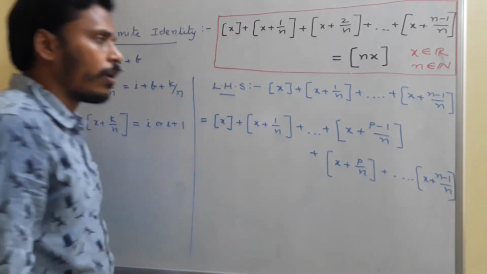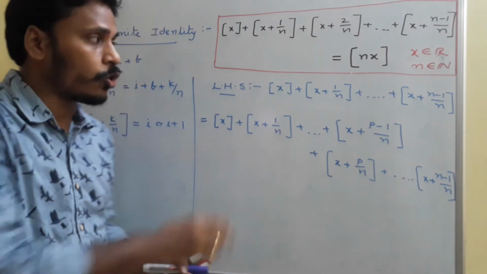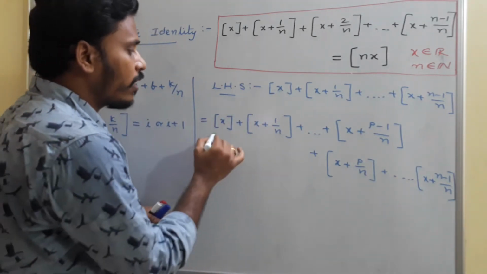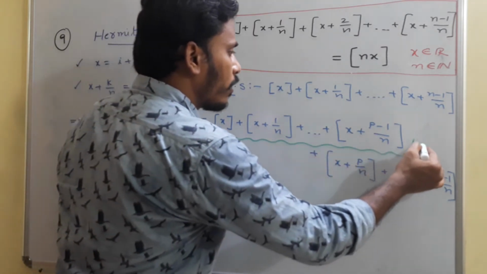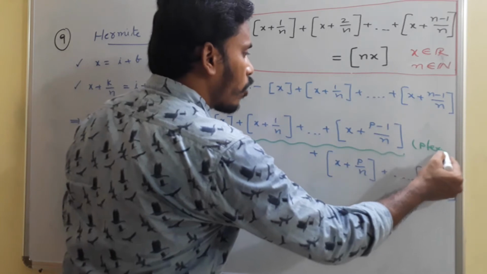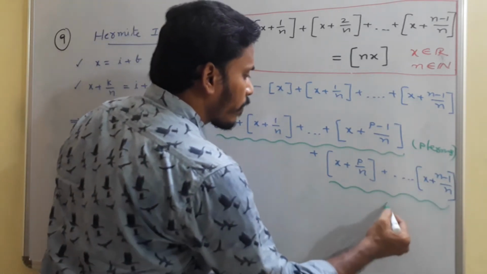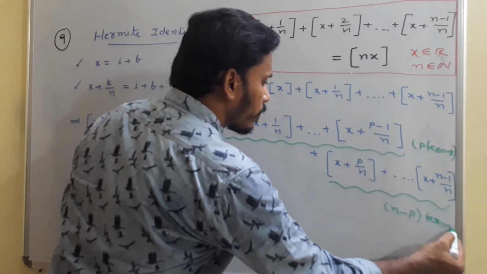We need to analyze it. Okay, somewhere there is a number p. I break that situation. Totally there are n terms. How many terms are there here? See, starting from 0 to p minus 1, these are p terms. Okay, and totally n terms. Since they are p terms, these remaining terms are n minus p terms.